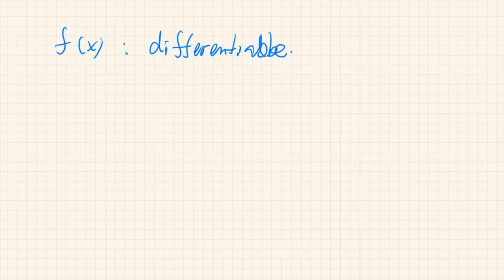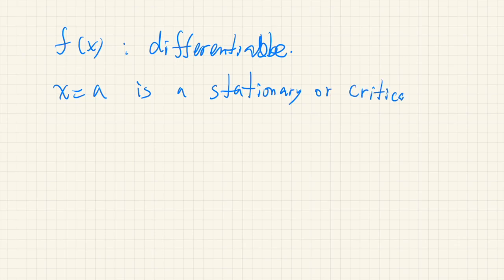Differentiable function. We say x equal to a is a stationary point or critical point if f prime of a, the differential coefficient at x equal to a, is equal to 0.